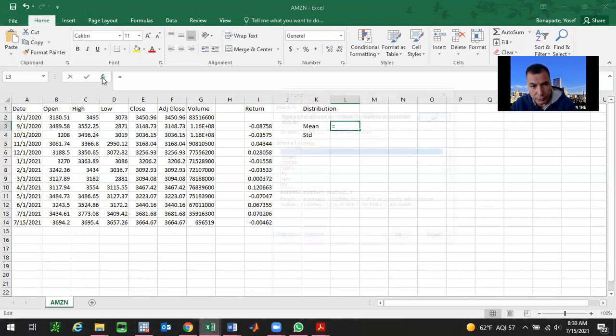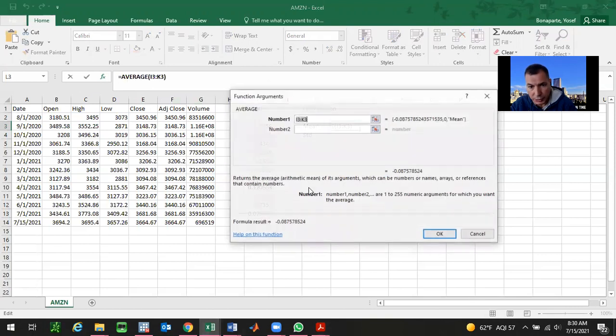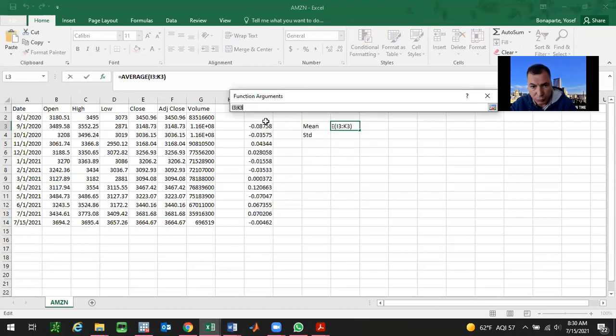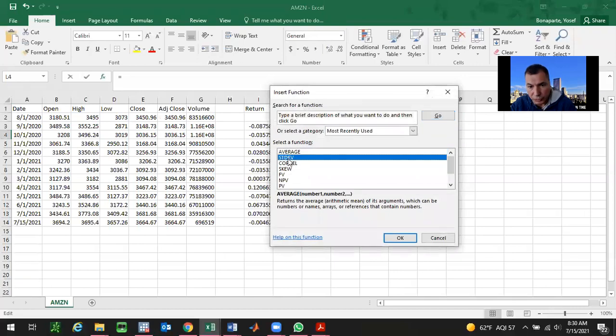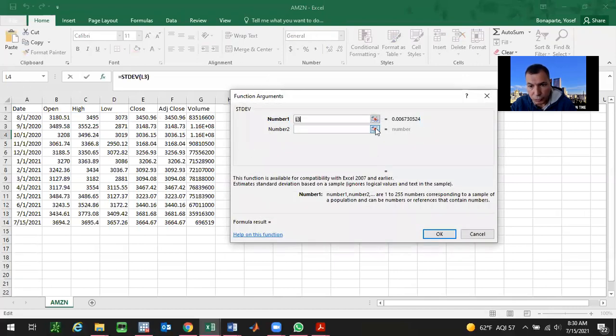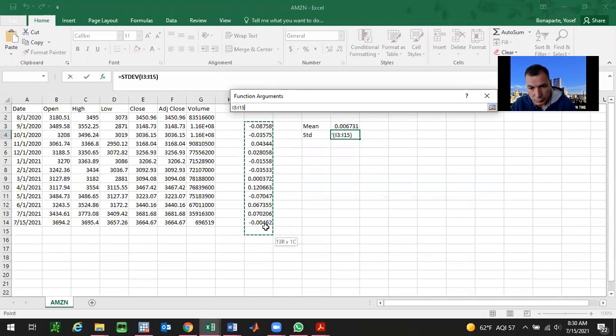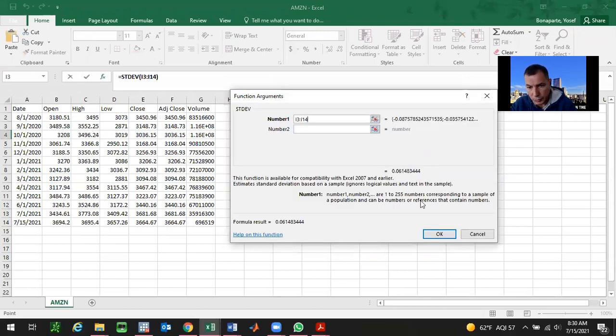And then you just go function, average, and you say what's the average of this distribution. And then you do the standard deviation, and you say what's the standard deviation of this distribution. And enter.